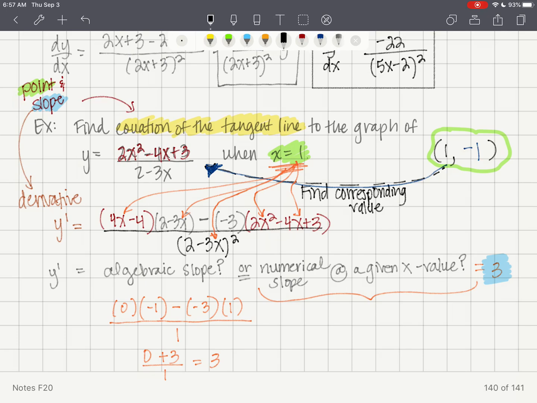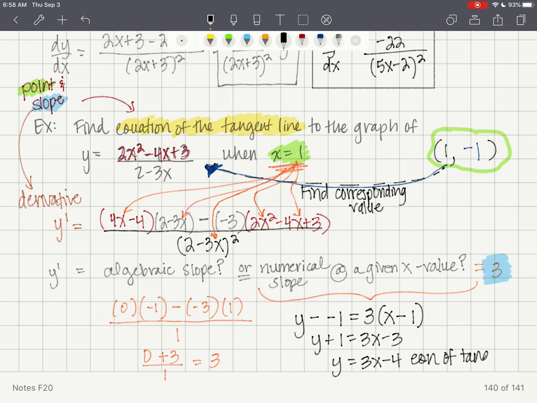So now I've got a point, I've got a slope. y minus negative 1 is equal to 3 times x minus 1. y plus 1 equals 3x minus 3. y equals 3x minus 4. That is the equation of the tangent line at x equals 1.